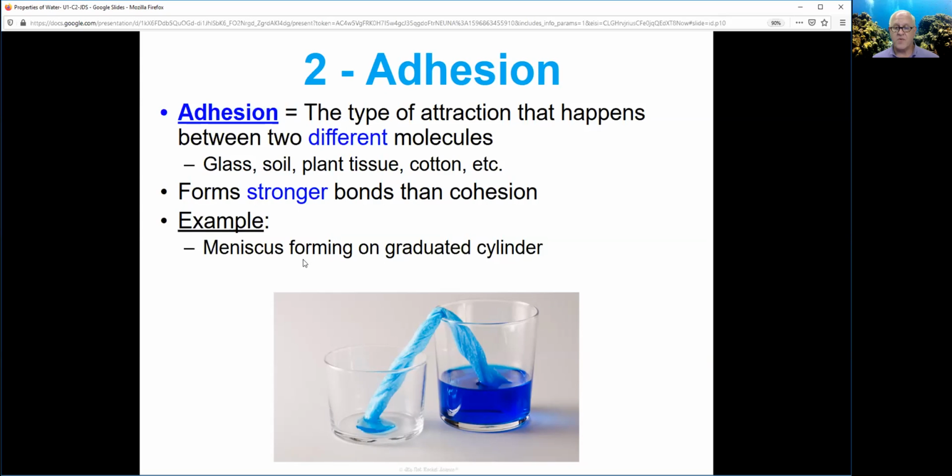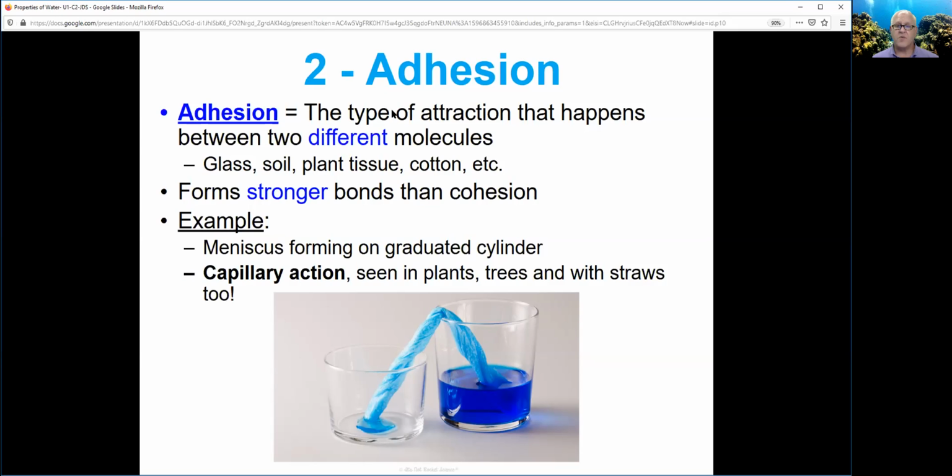So, if we've ever looked at pouring liquids into a graduated cylinder, you've heard the term meniscus. The meniscus is where that water or that liquid slides up the side of the graduated cylinder. And we want to make sure we can actually look at the belly of that amount of water in that graduated cylinder to get a very accurate and precise measurement.